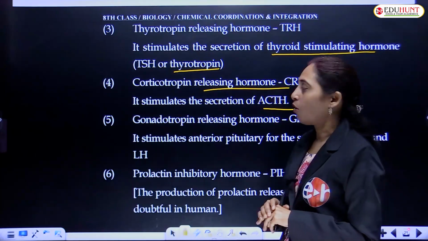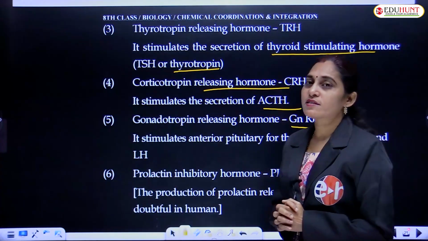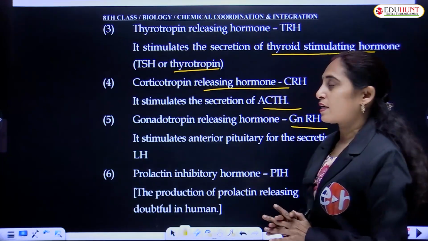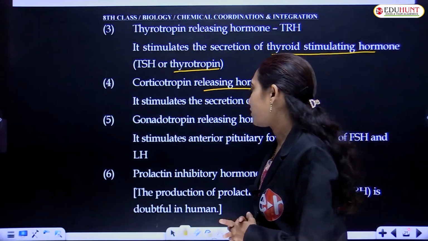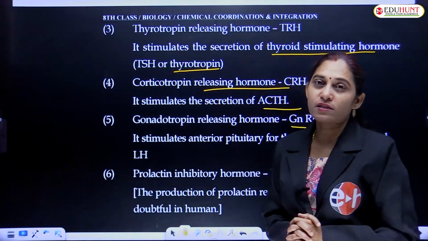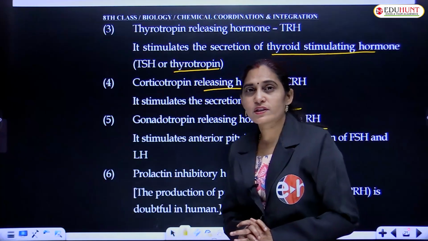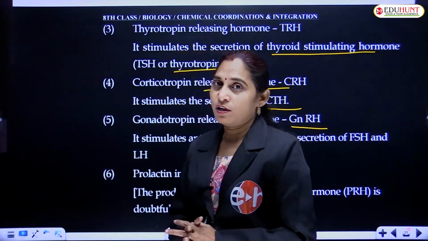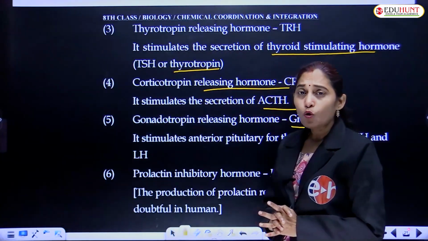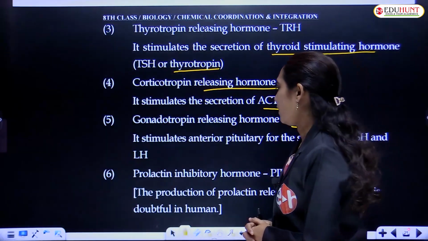Gonadotropin releasing hormone, GnRH. It stimulates the anterior pituitary for the secretion of follicle stimulating hormone as well as luteinizing hormone. We know that follicle stimulating hormone is responsible for gametogenesis, that is formation of eggs and sperms by ovaries and testes respectively.